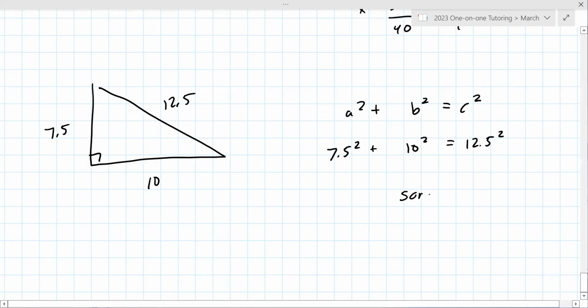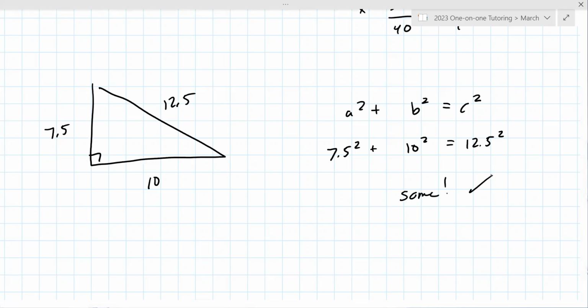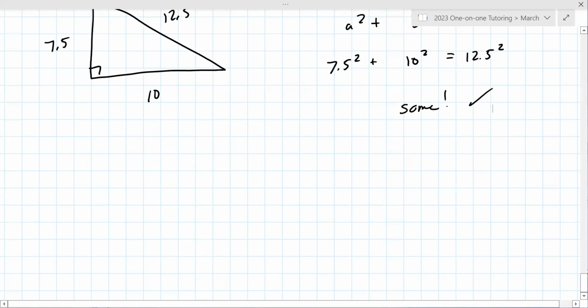So they are the same. And that means that's showing the lengths of all the sides. It's just showing that they equal the same. It's therefore making the answer correct.